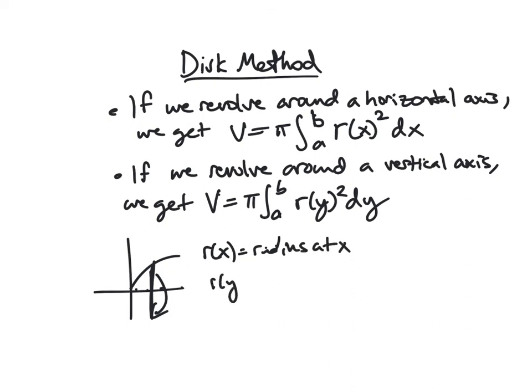Similarly, for r of y, if we rotate around a vertical axis, then we're going to get horizontal cross sections with respect to the variable y, and our r of y is the radius at height y. But in either case, we have circular cross sections, and thus we are doing this pi r squared, where we just have to worry about exactly what our r function is.